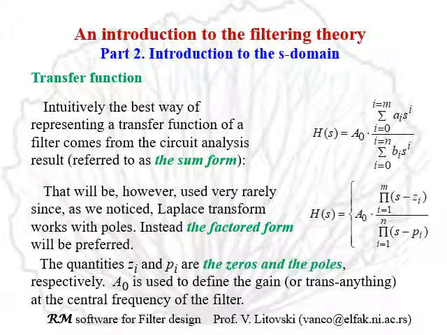Here in the last expression, Zi and pi are the zeros and the poles of the transfer function respectively. A0 is used to define the gain, or transimpedance, transconductance, so at the central frequency of the filter.